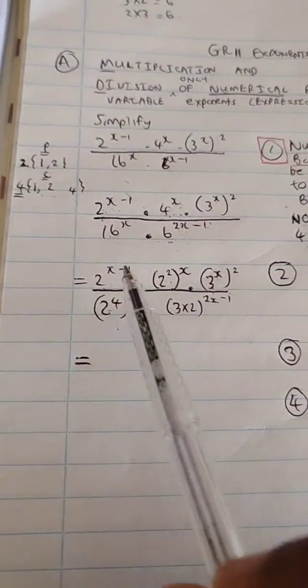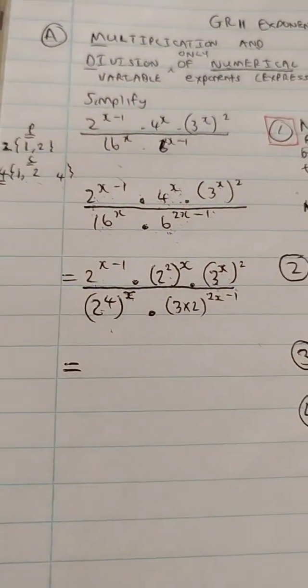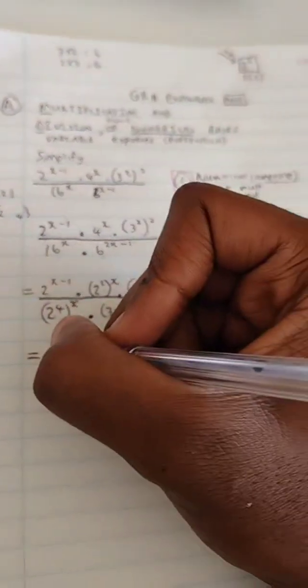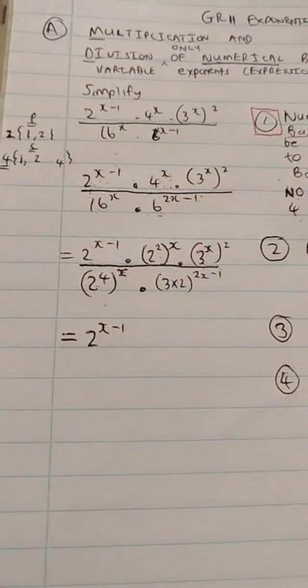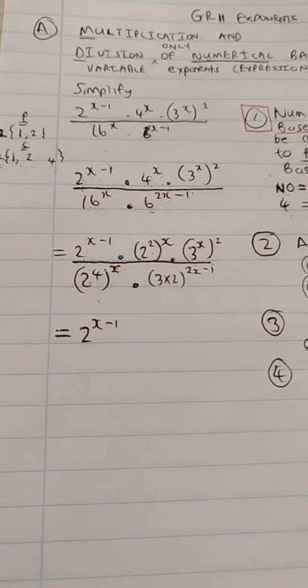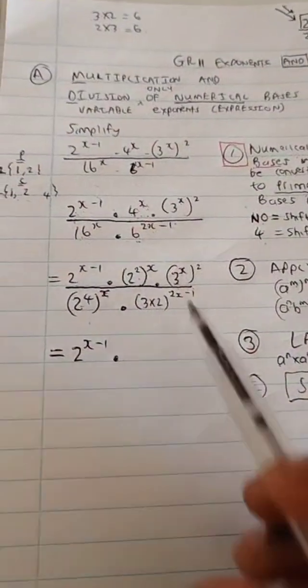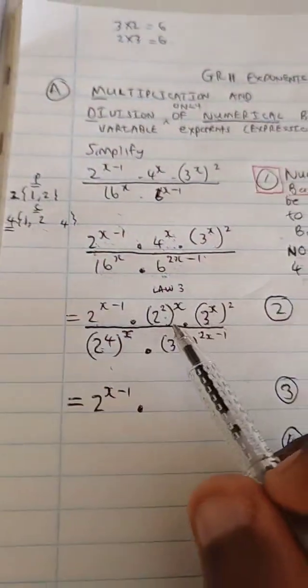So let's go. If you look at the first base, 2 to the power x minus 1, okay, that is your base. There's nothing you can do with that base. It is just 2 to the power x minus 1, okay, times. Here we can apply law number 3. Law 3 can be applied.